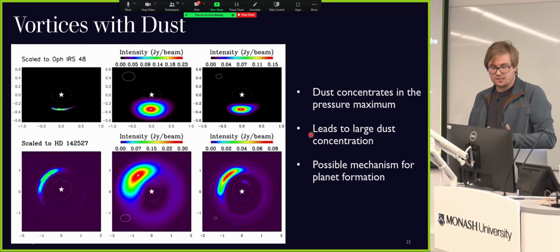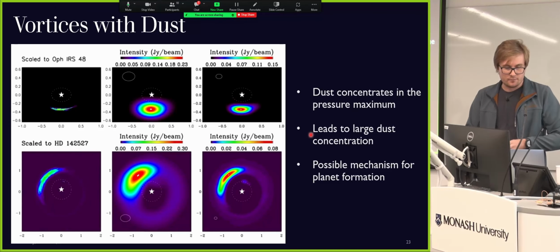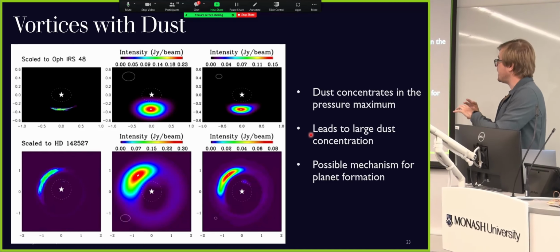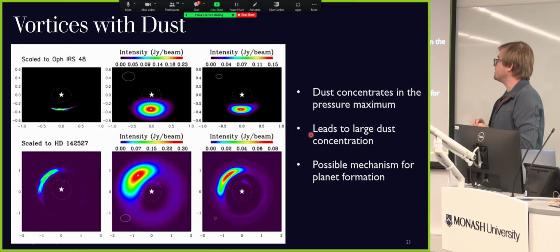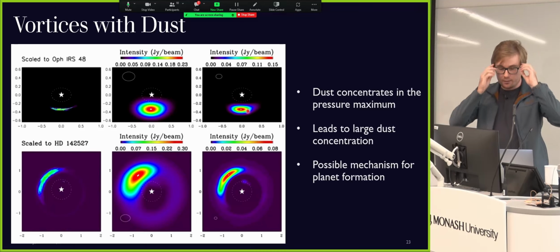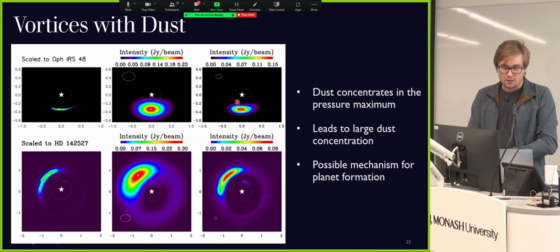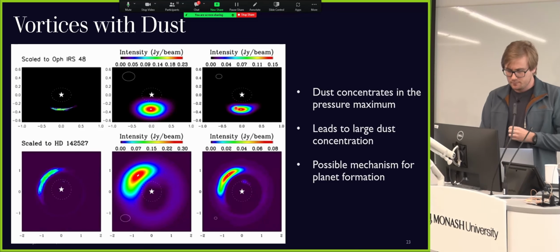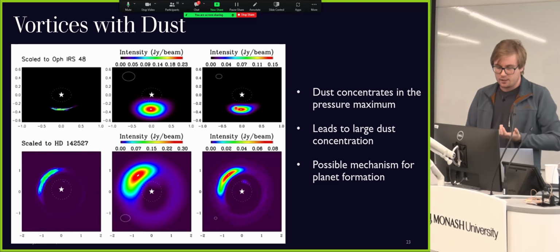So there was this idea, like I said, that vortices could be generated around the outer gap carved by a planet and concentrate dust grains. And this idea does work pretty well. I mean, you can concentrate dust in large amounts and make this sort of lopsided horseshoe feature that we see. But it's not the only explanation.